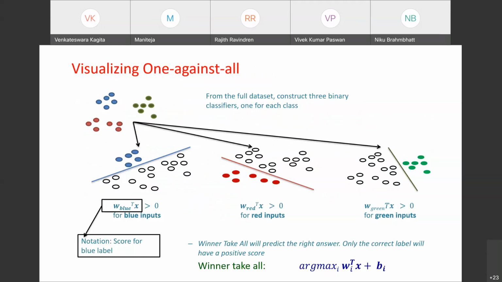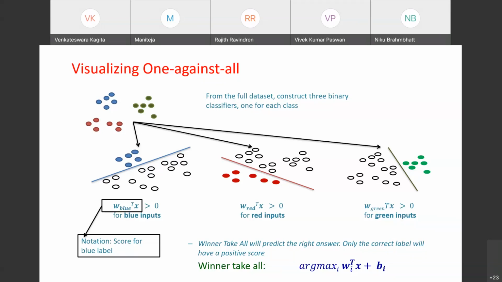Another is the green classifier, which separates green points from the rest. So W_blue transpose x plus b is greater than 0 for all the blue points, W_red transpose x plus b is greater than 0 for all red points, and W_green transpose x plus b is greater than 0 for all the green points.